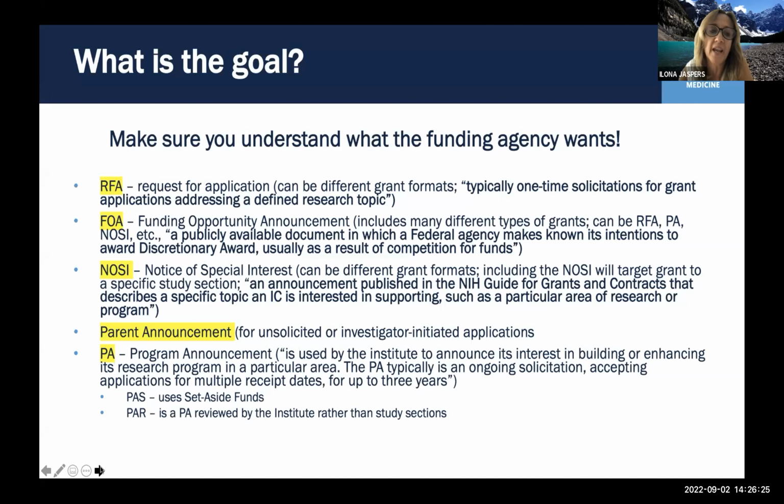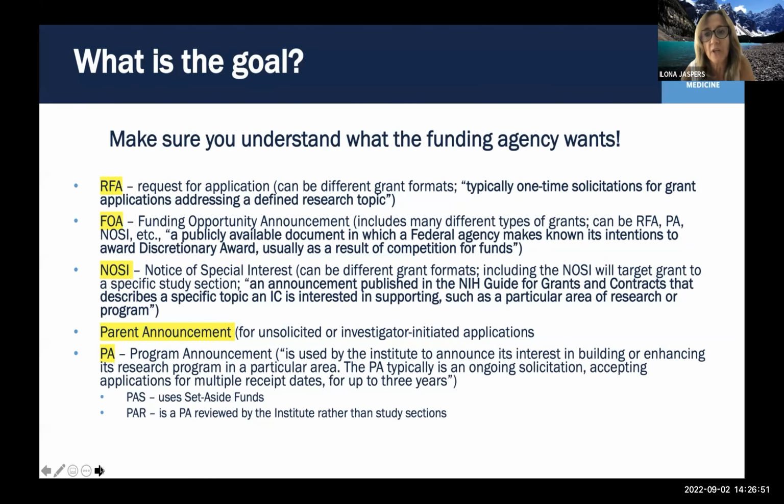And then there are PAs, program announcements, and they're really used by an institute to propose a research program in a particular area. And there are omnibus announcements. So, for example, there are program announcements in the context of Alzheimer's disease or specific areas within an institute.